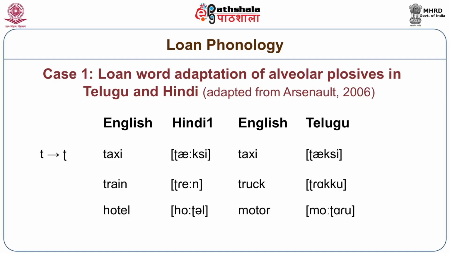So when we look at examples such as table, desk, tiger, dog, the borrowings in Telugu and Hindi, both the languages have retroflex stops in table and desk and tiger and dog.